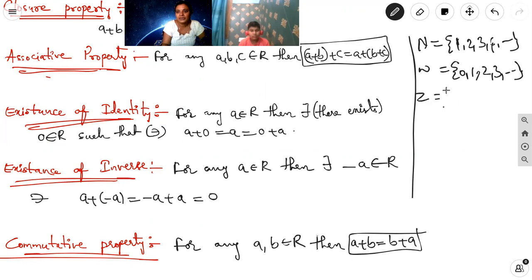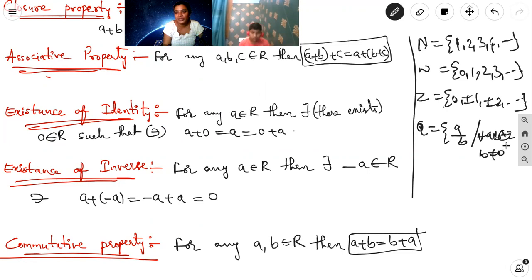Integer set is equal to 0, plus or minus 1, plus or minus 2, and so on. Rational number set is equal to a by b form such that for all a, b belongs to Z and b should not be equal to 0. These are the known sets up to your standard.